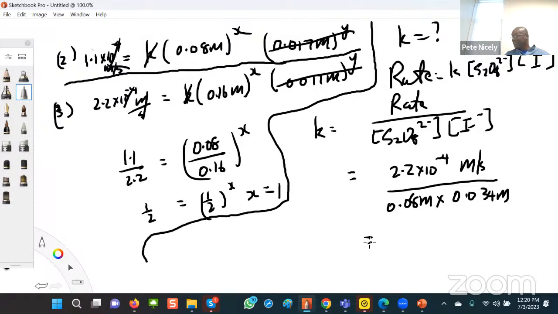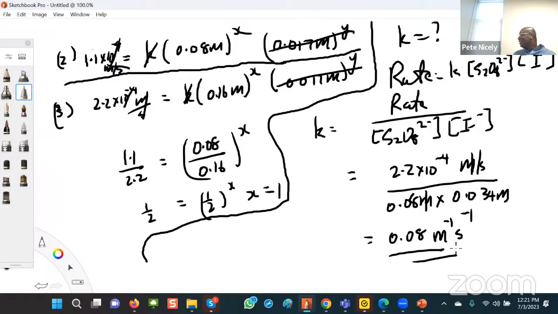And according to my calculations, I would round this answer off to 1 sig fig, so that would be 0.08. And in terms of the units, well, this M will cancel out with this M. So basically the units for this would be M to the minus 1, s to the minus 1. And that would be the rate constant.